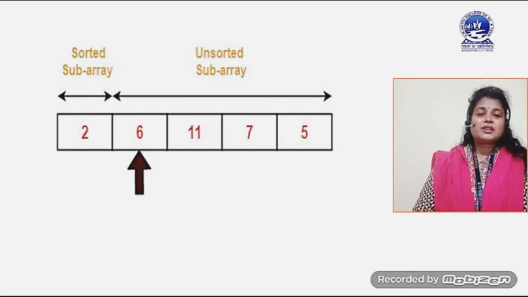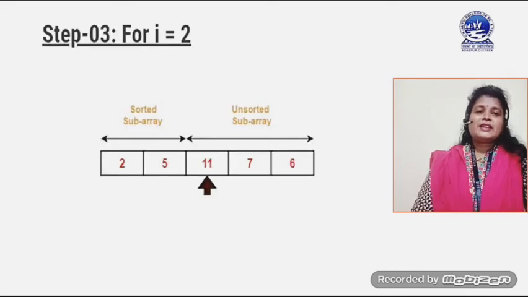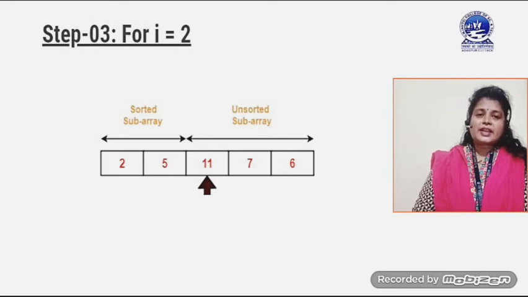So we will swap 6 with 5. Now the list is again divided into two parts: the sorted subarray consists of 2 and 5, and the unsorted subarray consists of 11, 7 and 6.